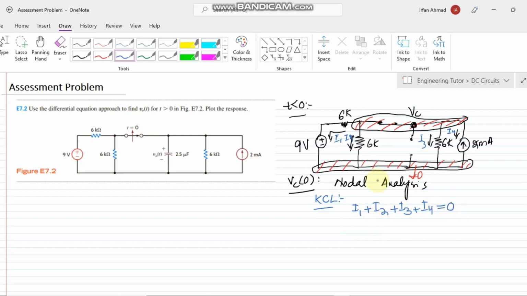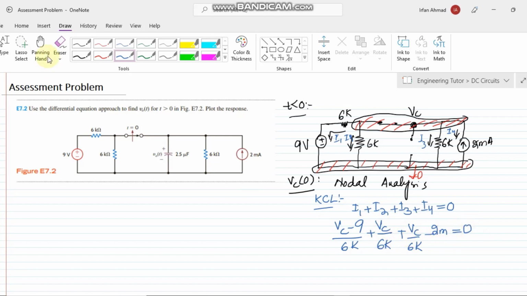The value of I1 is VC minus 9 divided by 6k. The value of I2 is VC divided by 6k, that is VC divided by 6k again. And as the direction of this current is opposite to that of I4, that would be minus 2 milliampere, so this should be equal to 0.